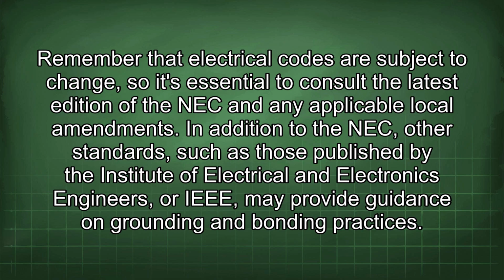Remember that electrical codes are subject to change, so it's essential to consult the latest edition of the NEC and any applicable local amendments. In addition to the NEC, other standards, such as those published by the Institute of Electrical and Electronics Engineers, or IEEE, may provide guidance on grounding and bonding practices.